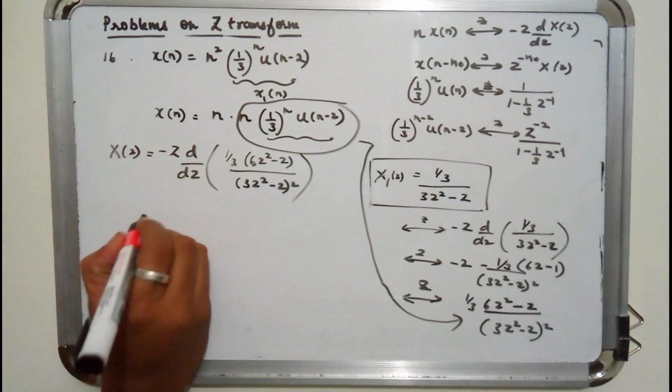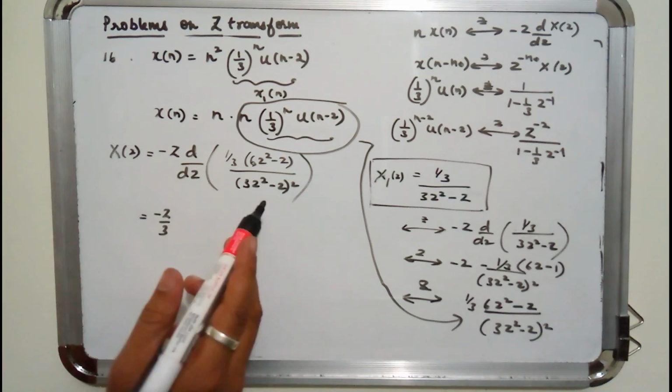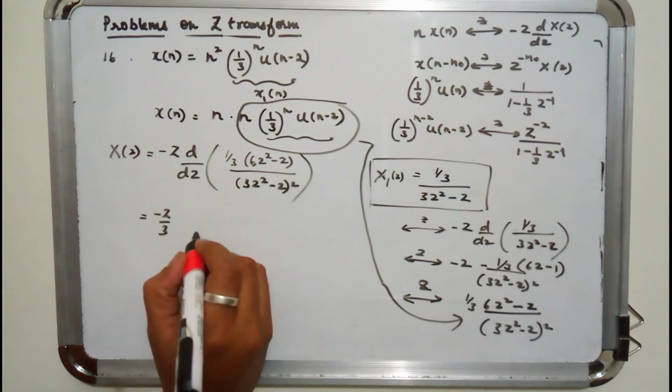So 1 by 3 I can take it out, so minus z by 3, use the u by v rule.